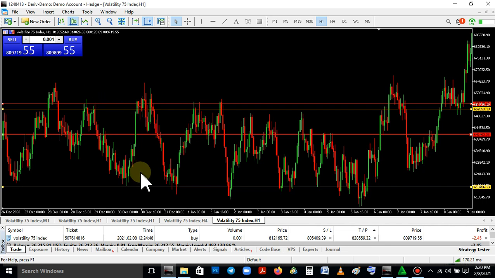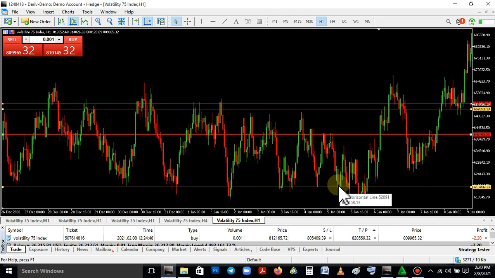See, price came here, came back here, went back up, came back here, went back up. It tried to come down, found support here, went back, and then boom, we came here. Then it respected this level.